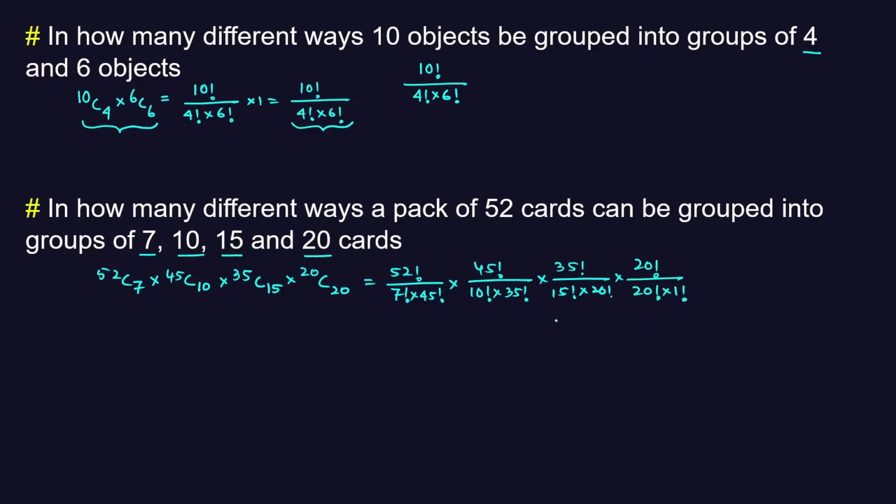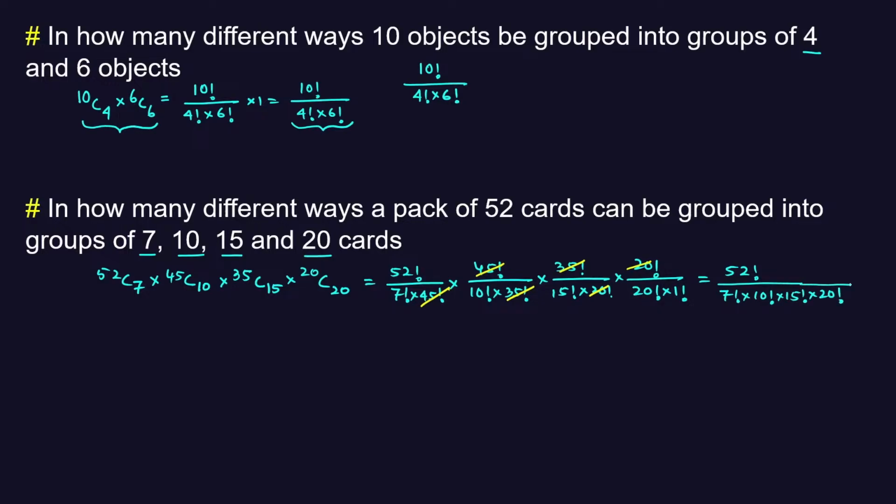Actually, it is coming to 1. Okay, so now if we cancel this, this will go off. Again, this will go off. So we are left with factorial 52 divided by 7 factorial, 10 factorial, 15 factorial and 20 factorial.